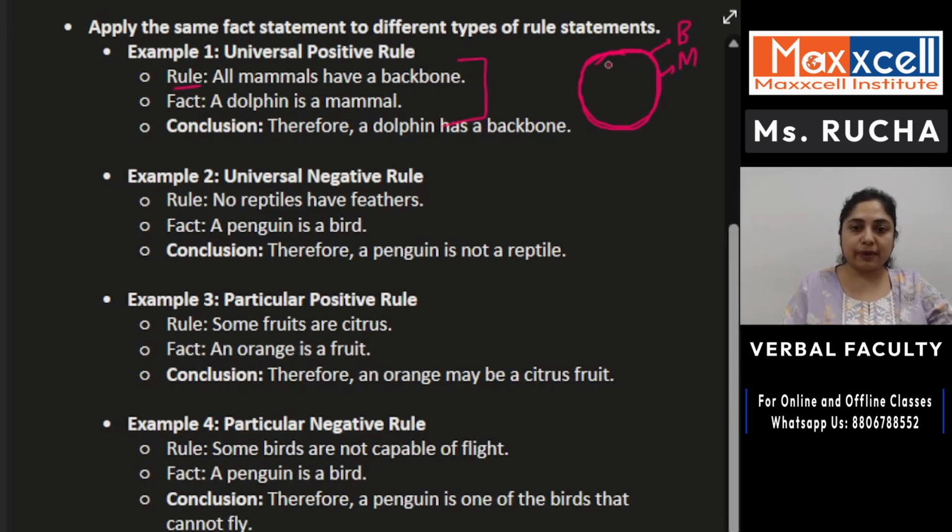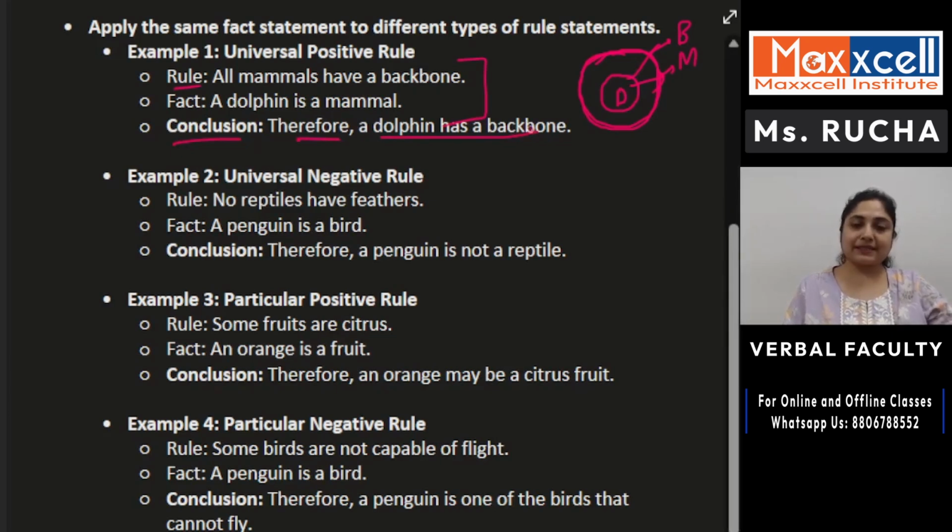All mammals have backbones, and a dolphin is a mammal. We have already stated that a dolphin is a mammal. This is established. What is not established, which we can consider as our logical conclusion here, is that the dolphin also has a backbone. So that's what our conclusion over here is.